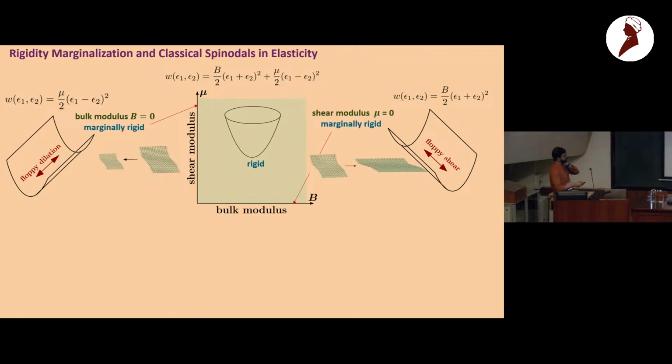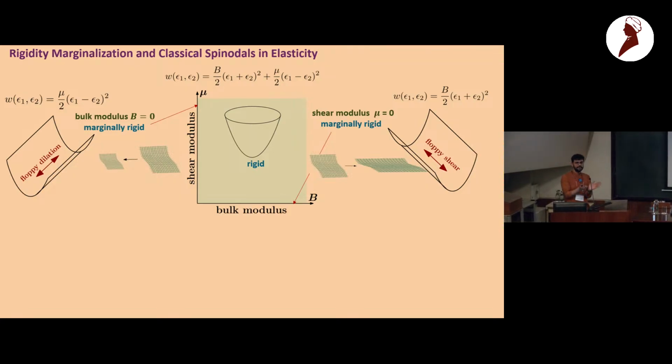These two regimes correspond to the classical spinodals. What we know as spinodals is you have this energy landscape, and where the energy landscape loses its convexity, that is the classical spinodal. But in elasticity, this is the strain, right? So the axes of this landscape are strain axes.